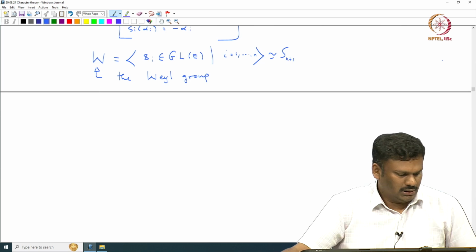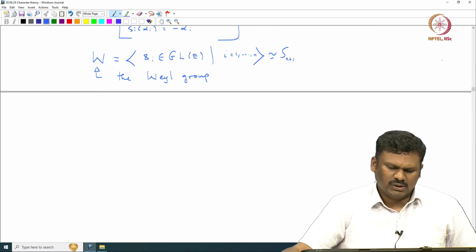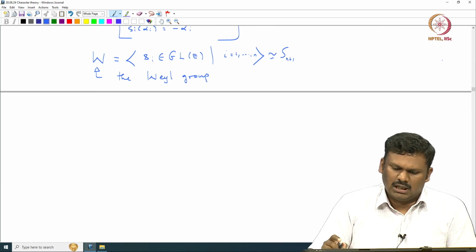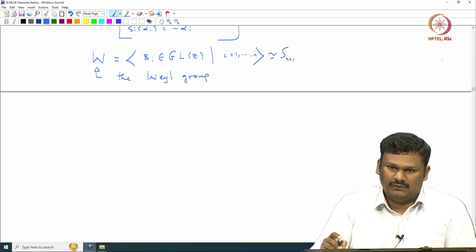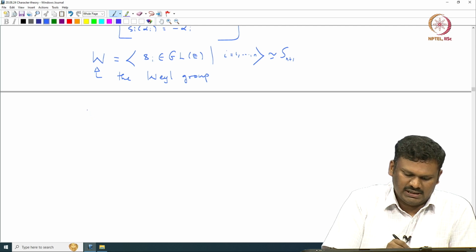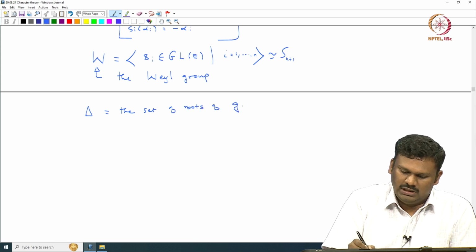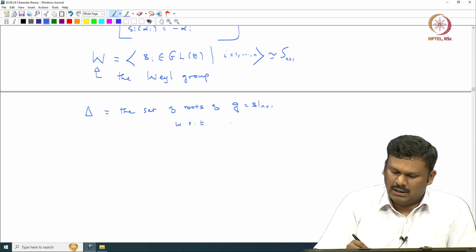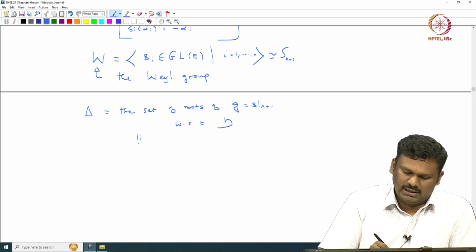Now, we also have reflections corresponding to each root coming from delta. Recall the set of roots of G, which is SL_{n+1} again, with respect to the Cartan H. That is identified with epsilon_i minus epsilon_j, where 1 ≤ i < j ≤ n+1.